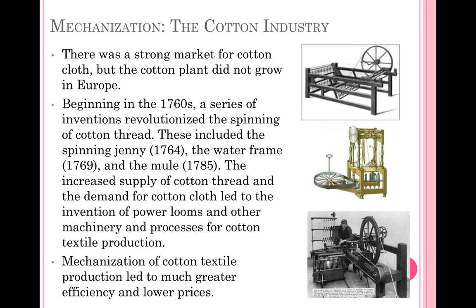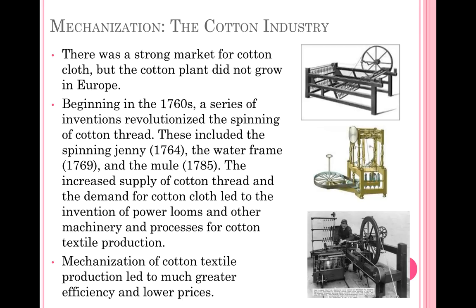And beginning in the 1760s, a series of inventions revolutionized the spinning of cotton thread. These included the spinning jenny, the water frame, and the mule. And that's what I have over here for you. I don't know how any of that works. That would be a good question for a reenactment town, someone who reads about this, somebody who actually knows how to use this.